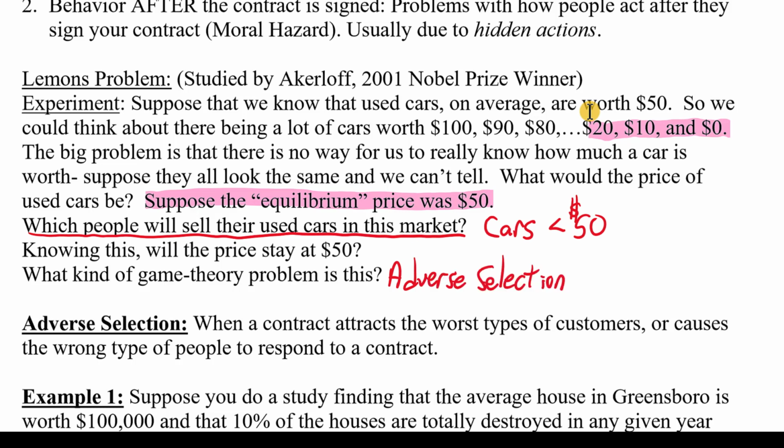And so adverse selection, you can think about it as what we said before. It's the kind of problem where there's hidden information. This is the kind of problem with who shows up to engage in the contract. So it's when a contract attracts the worst kinds of customers or causes the wrong kind of people to respond to a contract from the principal's point of view.